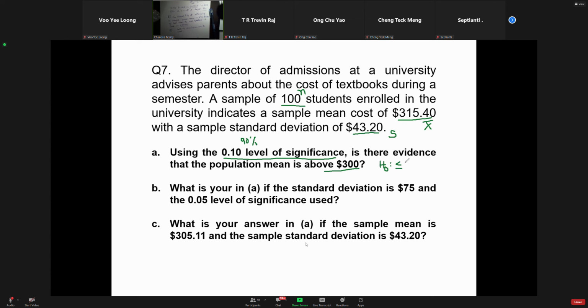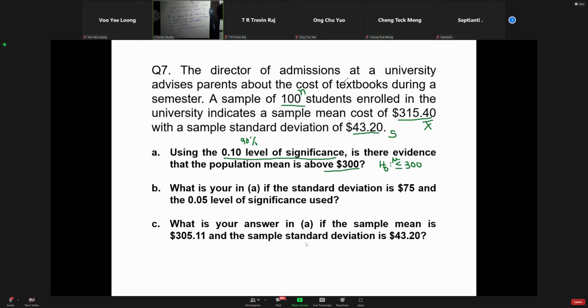So you can say the null is that the population mean is less than or equal to $300.